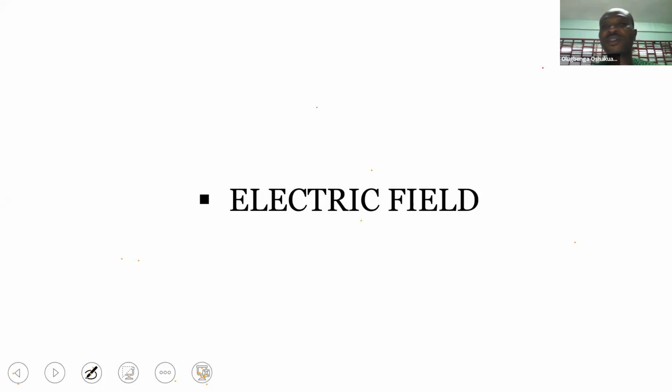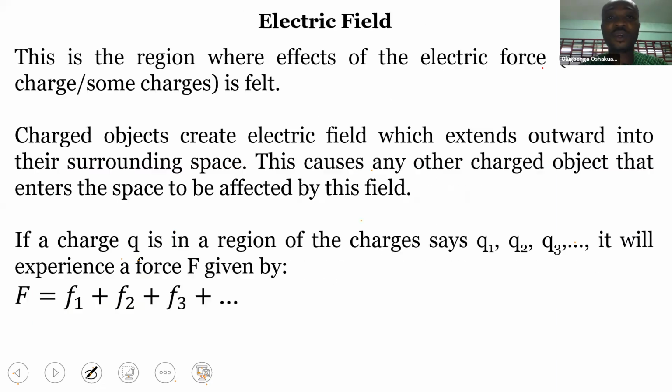So let's talk about electric field. We've spoken about electric force and electric field. Fine, we have an idea of what electric phenomena are. And the field, whatever the field, it's a region. Similarly, an electric field is a region where electric force is felt.